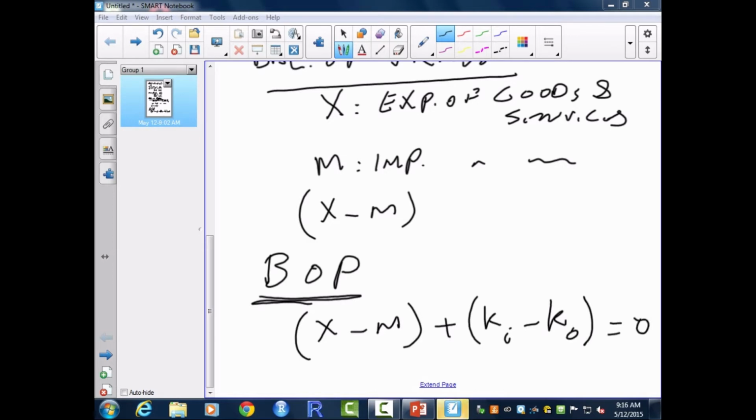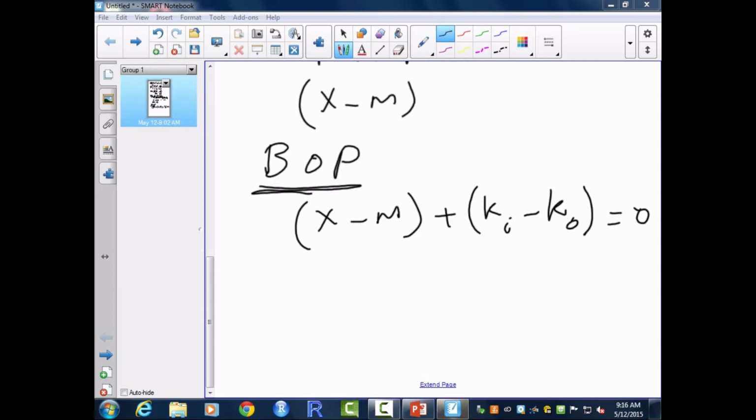This would be equal to 0. Therefore, the balance of payment would be balanced.